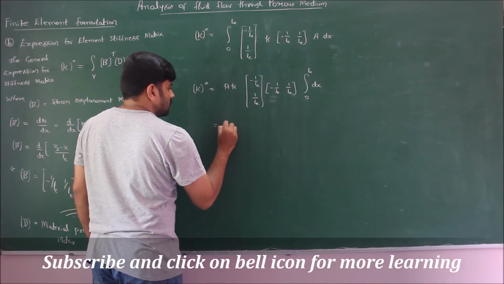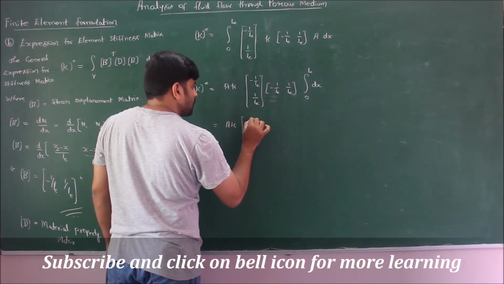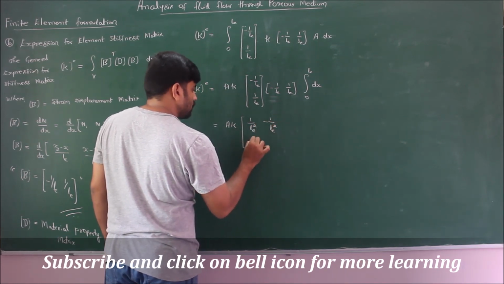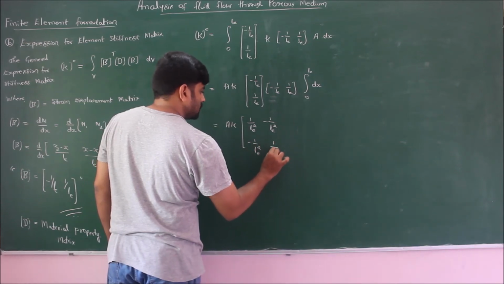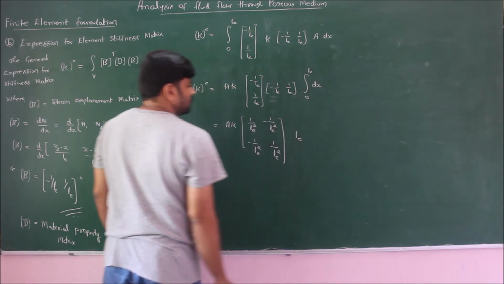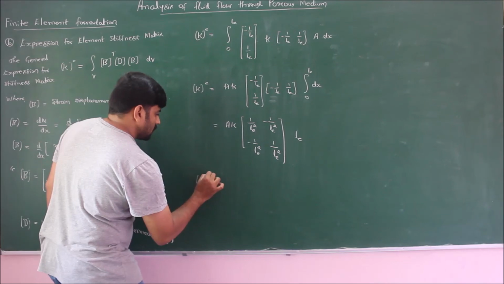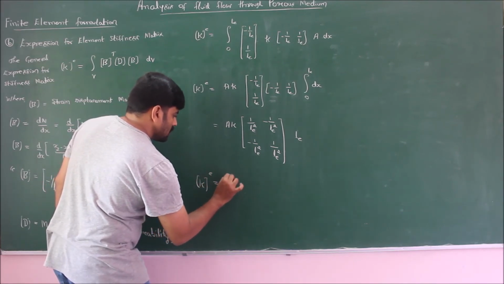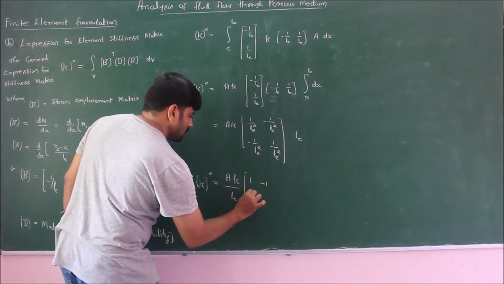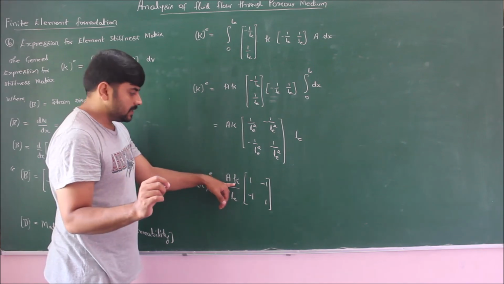If I simplify, I will get area times permeability, minus 1 by Le into plus 1 by Le is minus 1 by Le square, and so on, with plus 1 by Le square on the diagonal. The integral of dx, substituting the limits, gives Le. Simplifying and taking Le common, the element stiffness matrix for analysis of fluid flow through porous medium is given by A K by Le times the matrix [1 minus 1; minus 1 1], where A is the cross sectional area, K is the permeability, and L is the length.